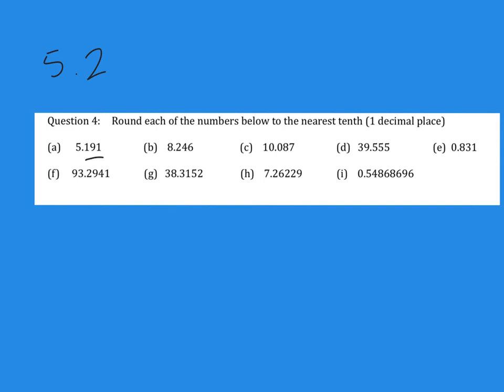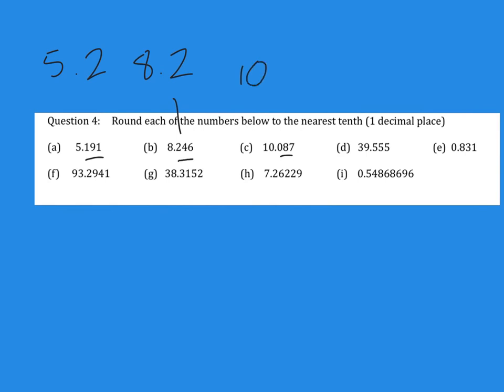So the next one, 8.246. I'm going to concentrate on these 2 digits here, the 24. So 8.24, is that closer to 8.2 or 8.3? It's closer to 8.2. Okay, 10.087. I'm just going to concentrate on the first 2 digits, the 0 and 8. 10.08, is it closer to 10.1 or 10.0?